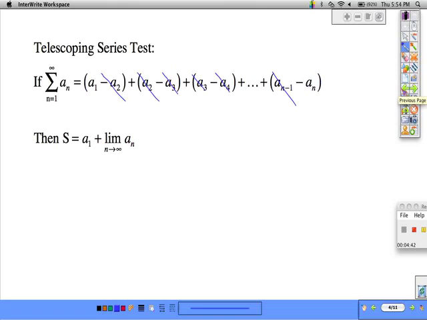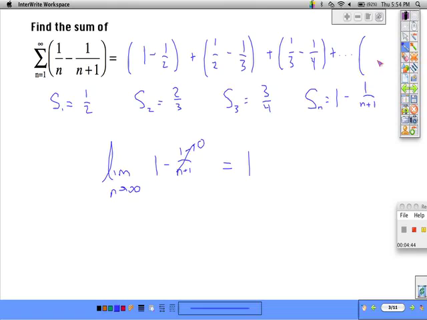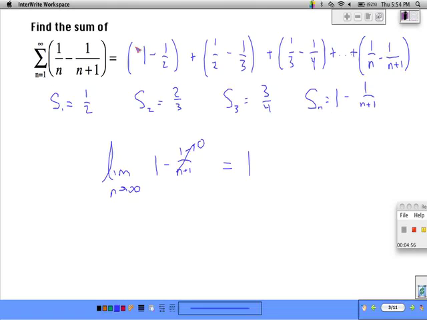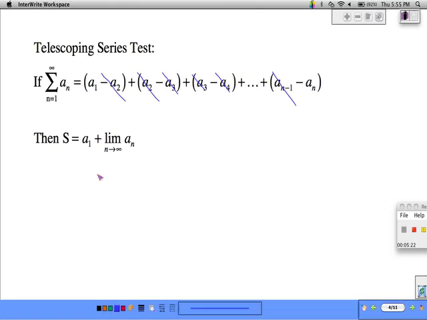If I go back to this previous problem, adding on a generic term at the end, notice that all of these inside terms are canceling out. The 1/4 will cancel with something, and this 1 over n will eventually cancel, and what we're left with is 1 minus that piece right there. So what this telescoping series test tells me is exactly what we just saw happen.